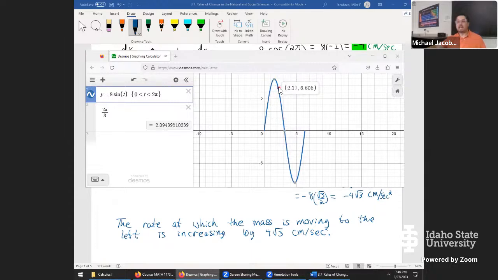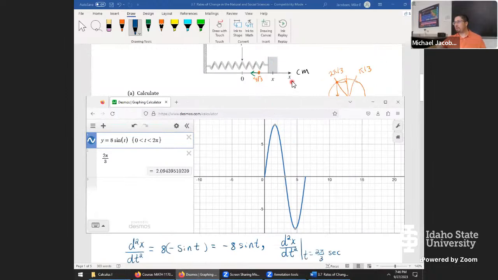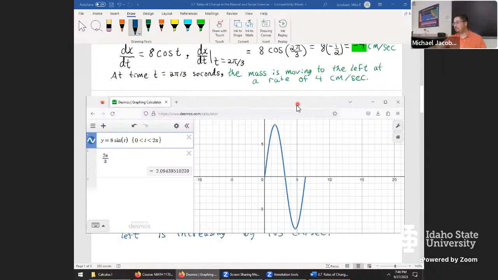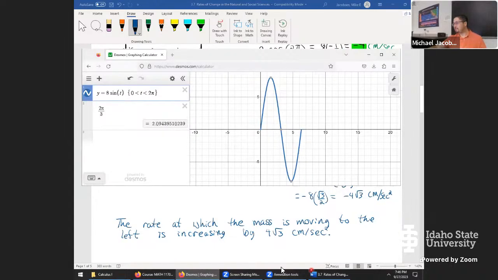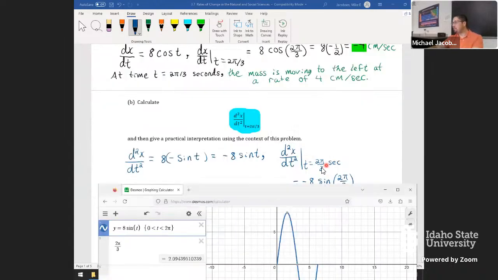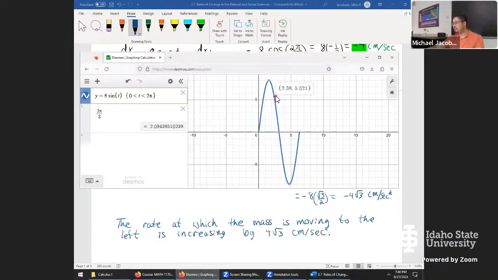So when we said it's moving to the left, we meant it was going down towards 0. Recall our scale, it went horizontally. So imagine that that whole thing just got flipped up to match what's happening here, measuring the height at any time. So now when we're at 2 pi over 3 seconds, there we go, we're right around this location.